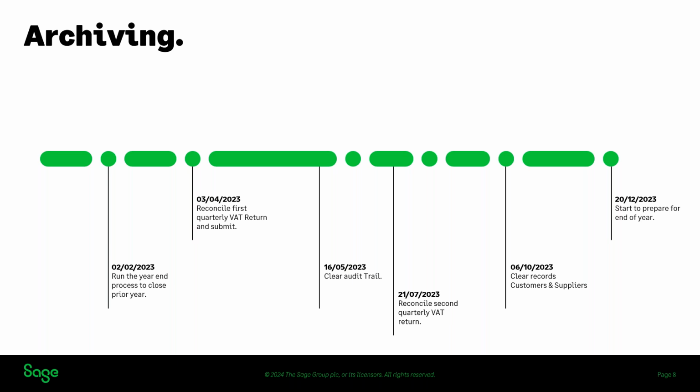So I'm going to go through each of these to explain when you might just take a backup and when you might take an archive as well. When you come to run the year end, we recommend to run a backup and an archive at this point. In April, if you're going to reconcile your first quarterly VAT return, at this point you would just take a backup.